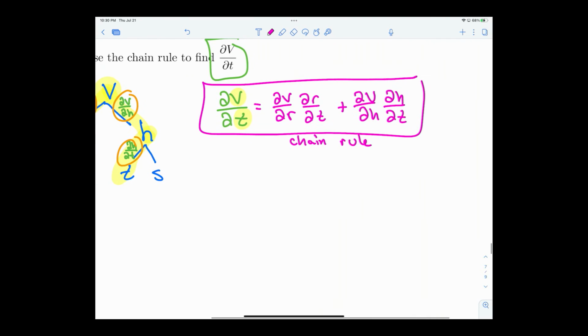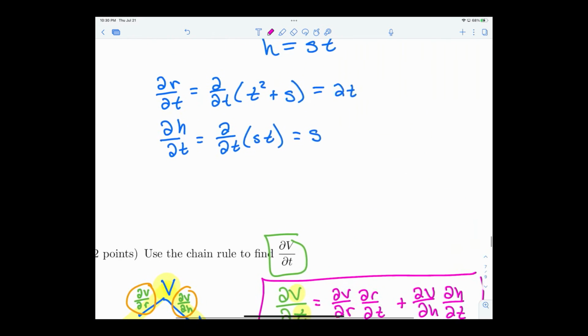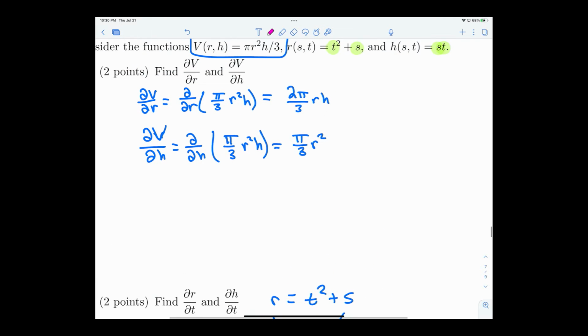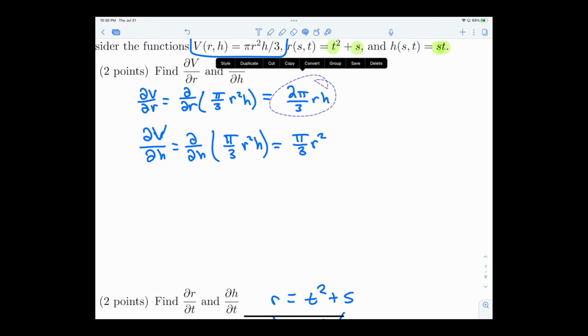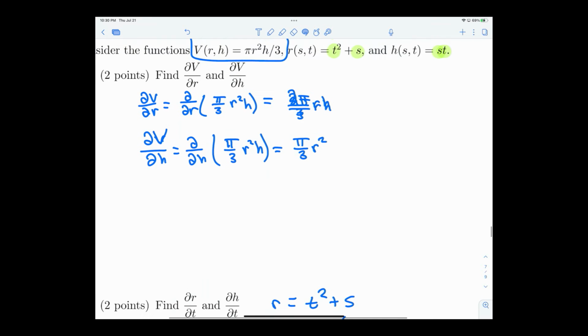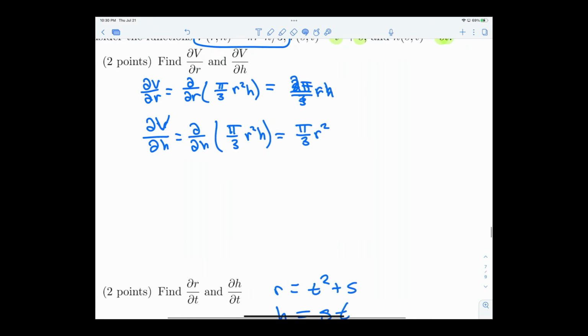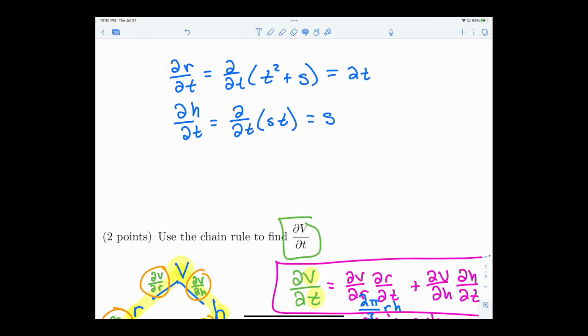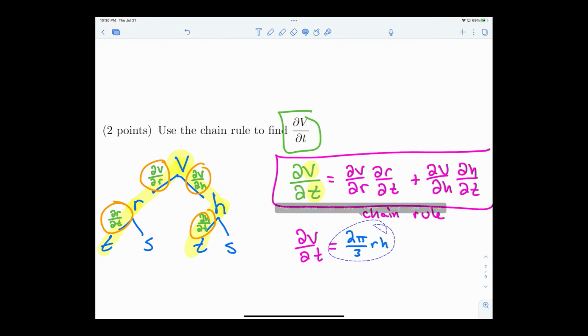Well, we fill in what we have for numbers and so on. So what's dV/dr? We calculated that up top. dV/dr is right here. Actually, let's just duplicate it. So that's dV/dr.